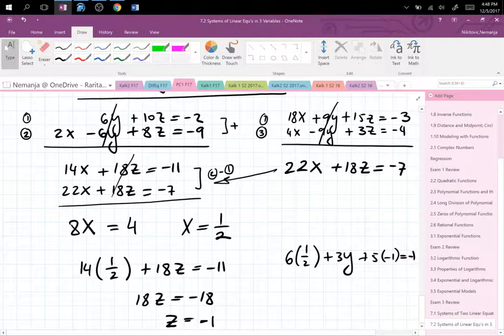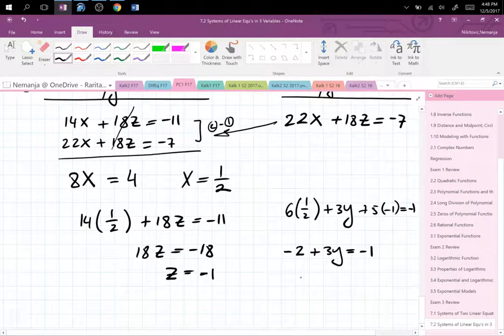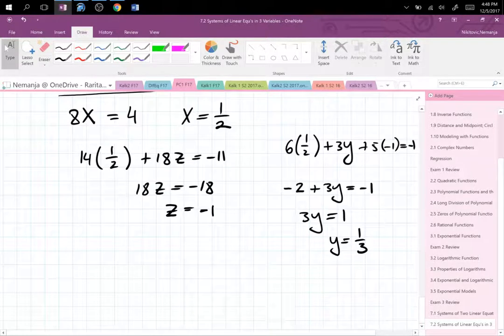So that's 3 minus 5 is -2, plus 3y is equal to -1, plus 2, so 3y is equal to 1, and y is equal to 1/3. So 1/2, 1/3, and -1 is the solution.